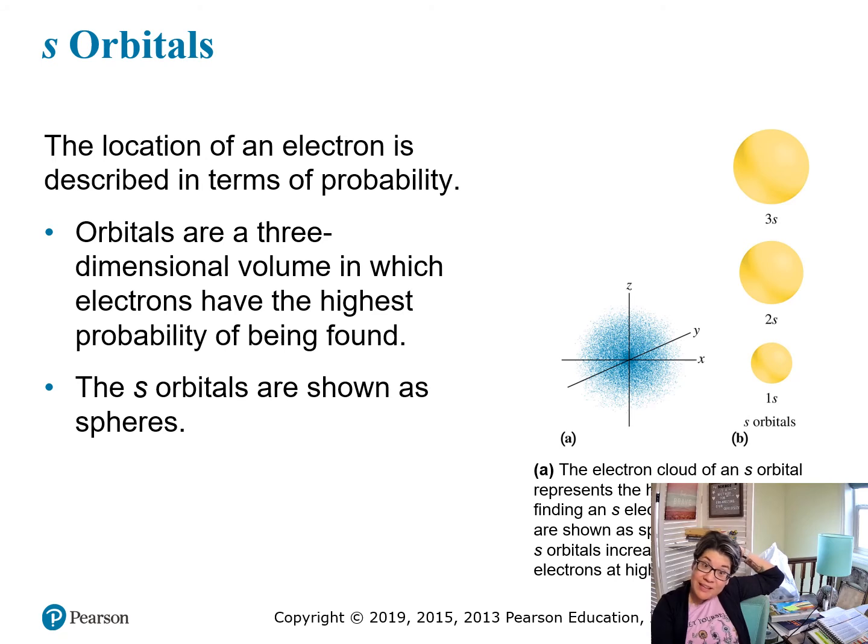Okay, so the S shells, those are the lowest energy ones. Every shelf has an S shell, even the bottom one. These are basically like spheres. So this is how you probably think of an electron cloud, just a sphere. It's a region of space that has the shape of a sphere, not spear.